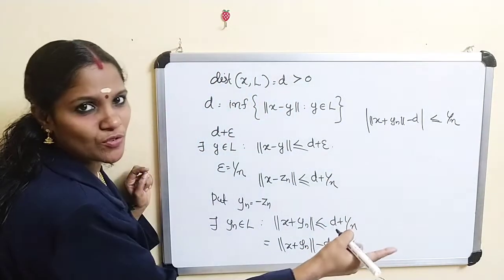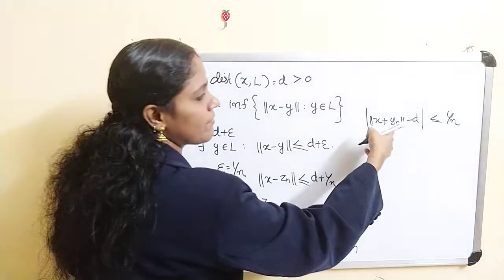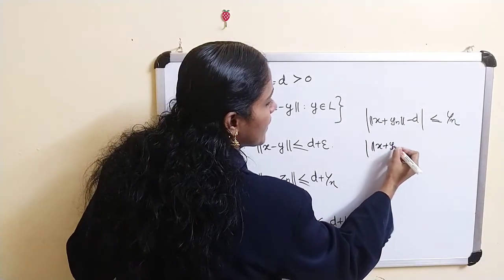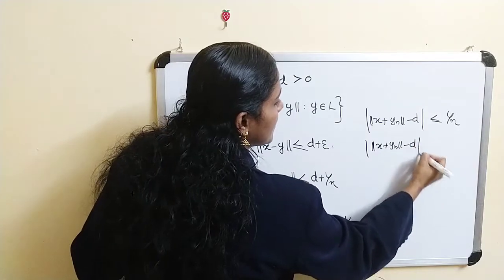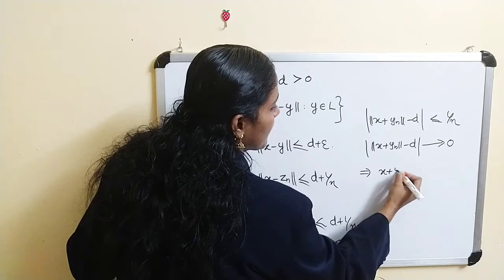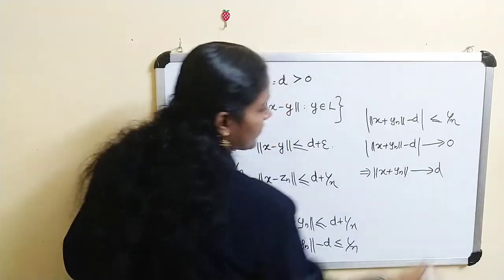Now as n tends to infinity, the right hand side tends to 0. Also the left hand side tends to 0. That means modulus of norm of x plus yn minus d tends to 0. This implies norm of x plus yn tends to d.